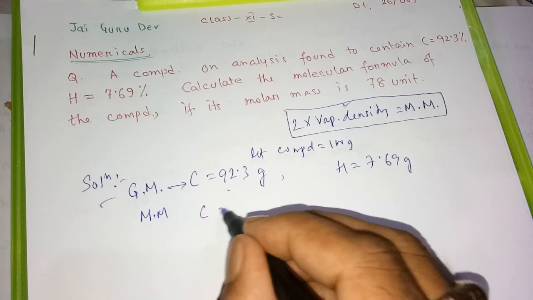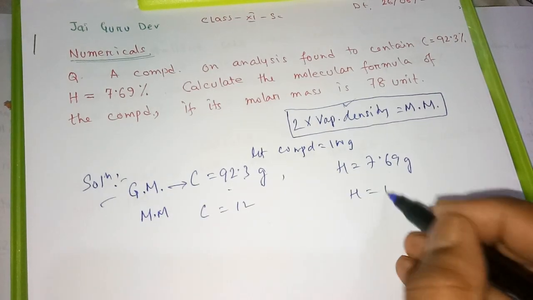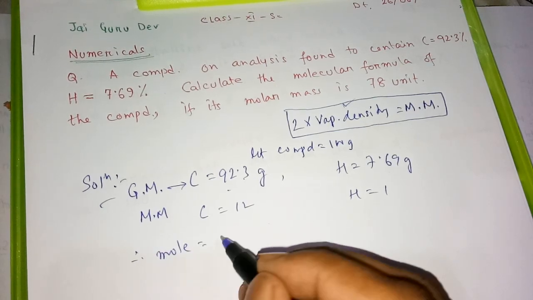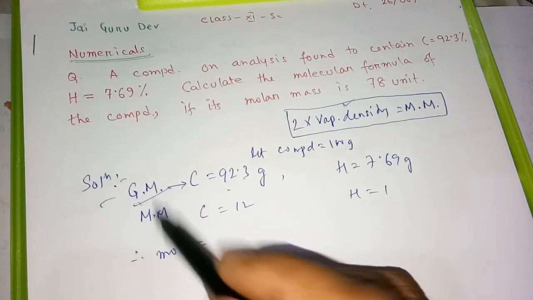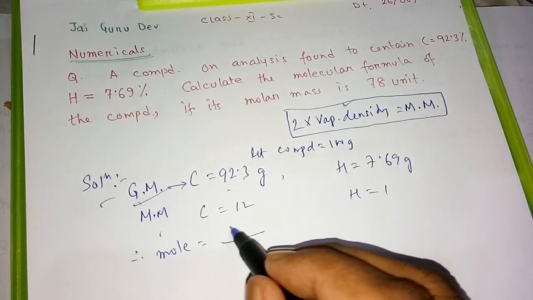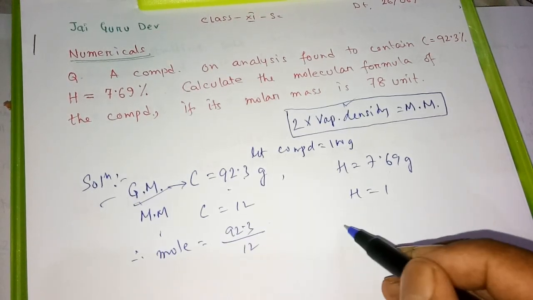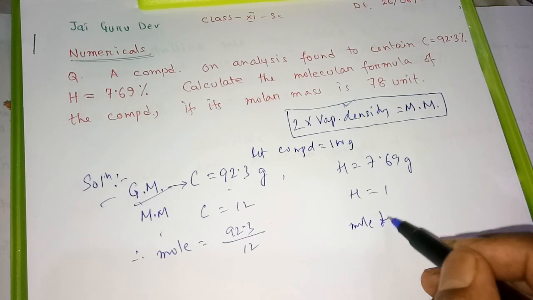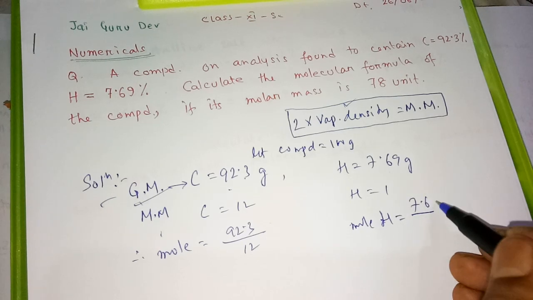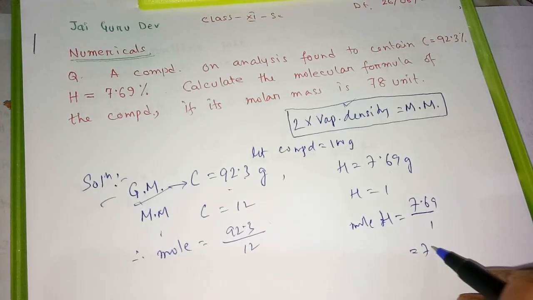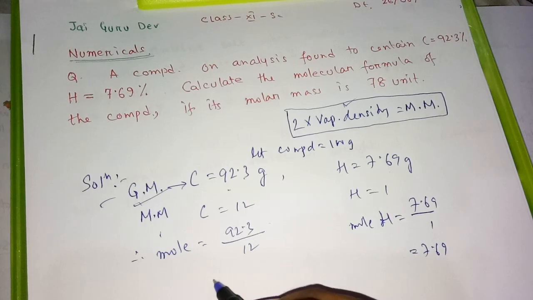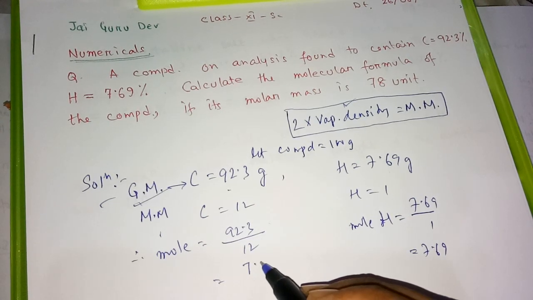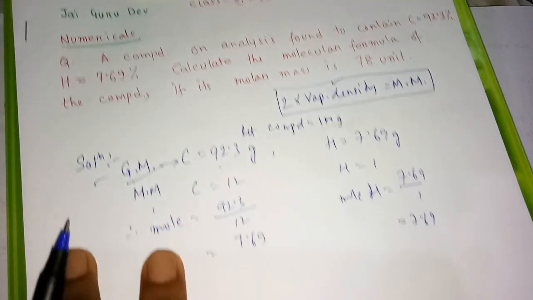Molar mass of carbon is 12, molar mass of hydrogen is 1, so therefore moles is what? Given mass by molar mass. So given mass 92.3 divided by 12, and moles of hydrogen is given mass by molar mass, so 7.69 divided by 1, which is also 7.69.